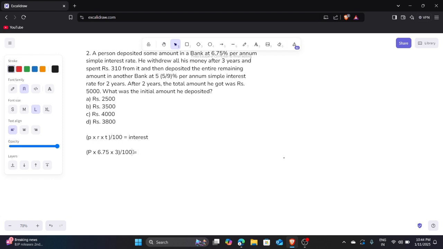No, this is the total. So I think the principal has to be added here, and then from this the amount he spent is subtracted, because the total he gets is that. And then that works as the principal for the second amount.